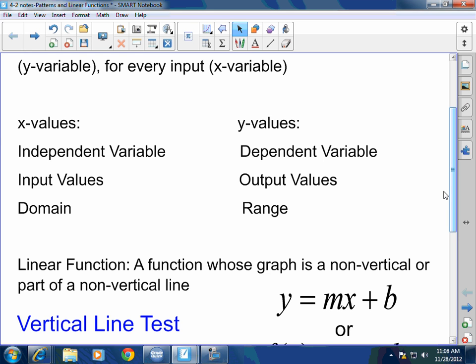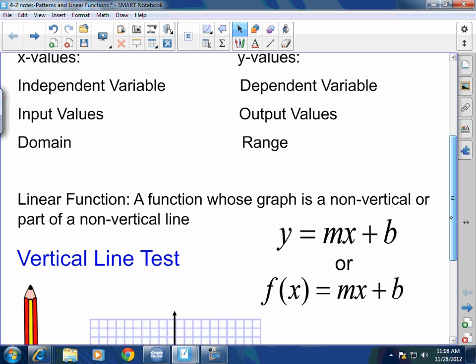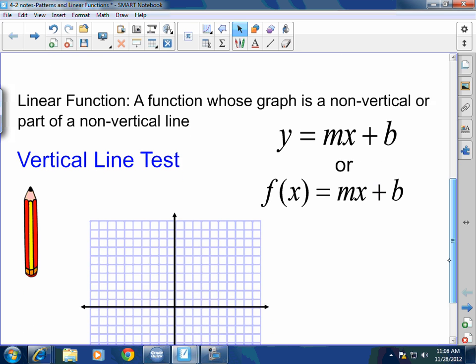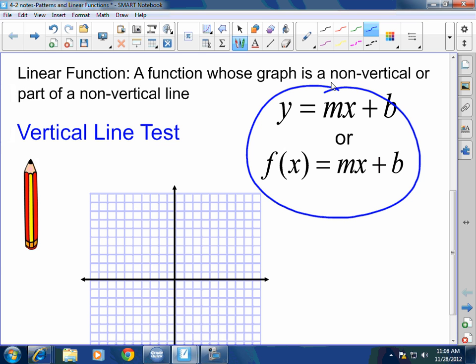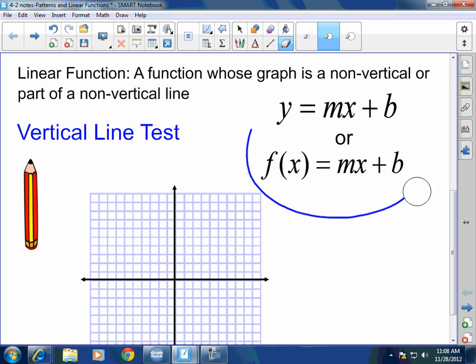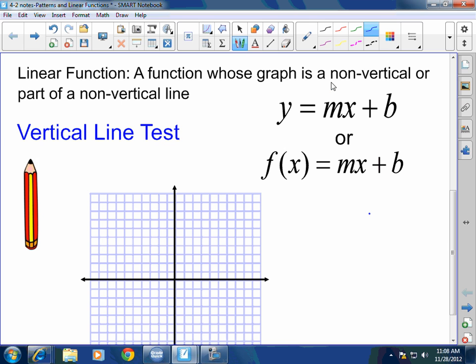First of all, when we're talking about a linear function, guys, I promise we're going to get into this formula in huge detail next chapter. I mean, you're going to live and breathe this formula for a long time in this class. But we're not going to get into it completely today at all. All I want to show you is the following.